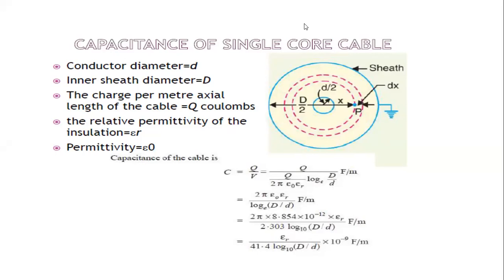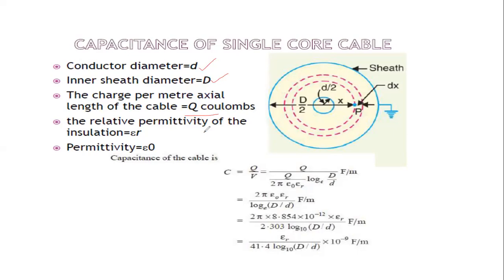The inner sheath diameter, that means the insulation diameter, is capital D. The charge per meter axial length of the cable is Q coulombs.